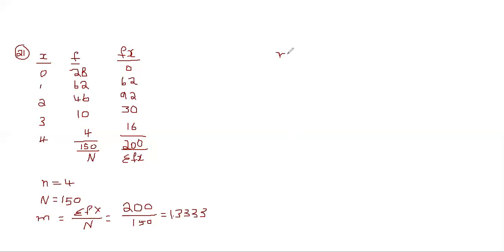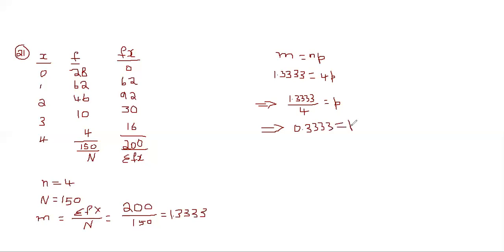That is, m is equal to np. That is 1.3333 is equal to 4p, implies 1.3333 divided by 4 is equal to p. 1.3333 divided by 4, how much will you get? 0.3333 is equal to the probability of success.